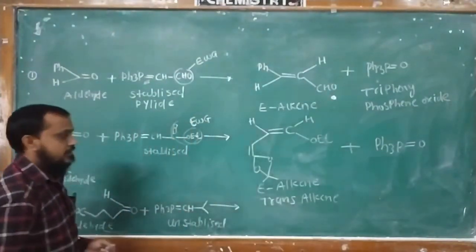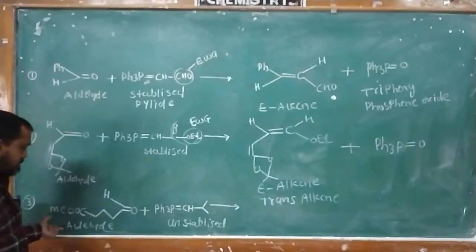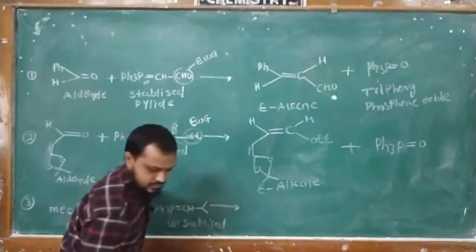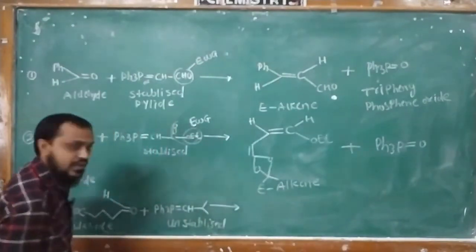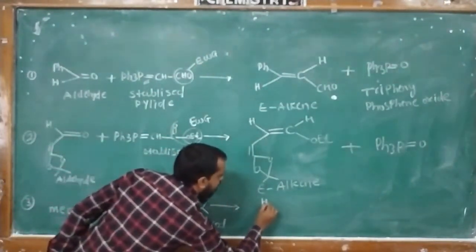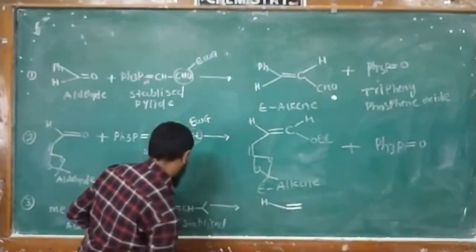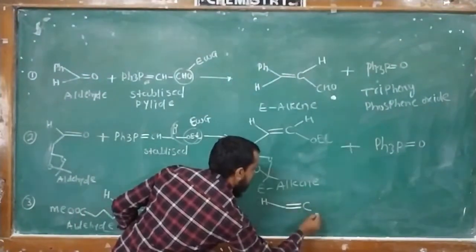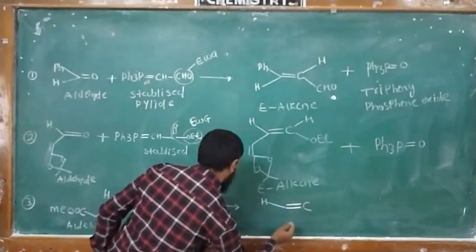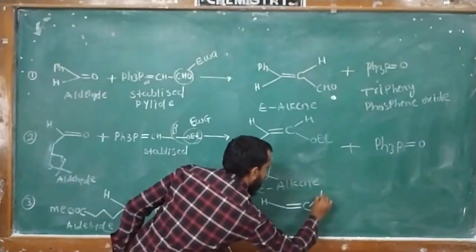So here the alkene will be obtained with the Z configuration.